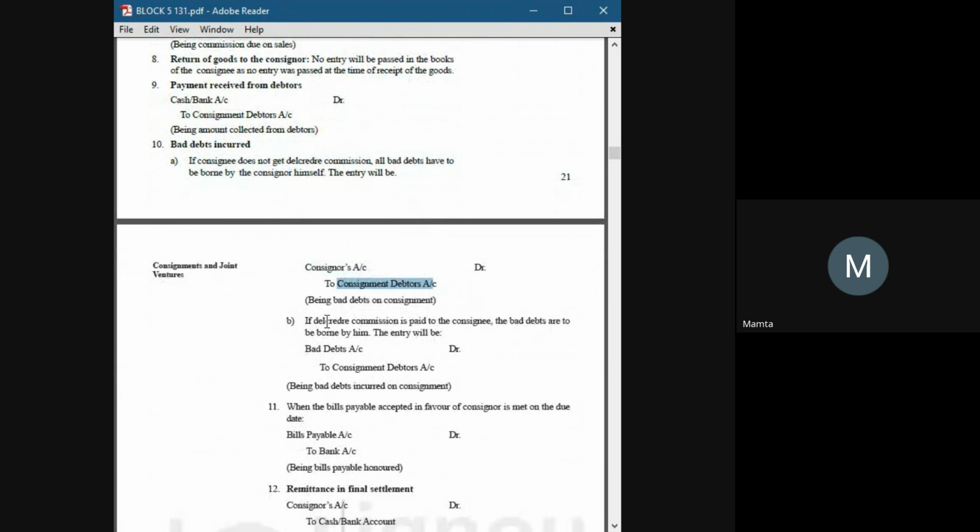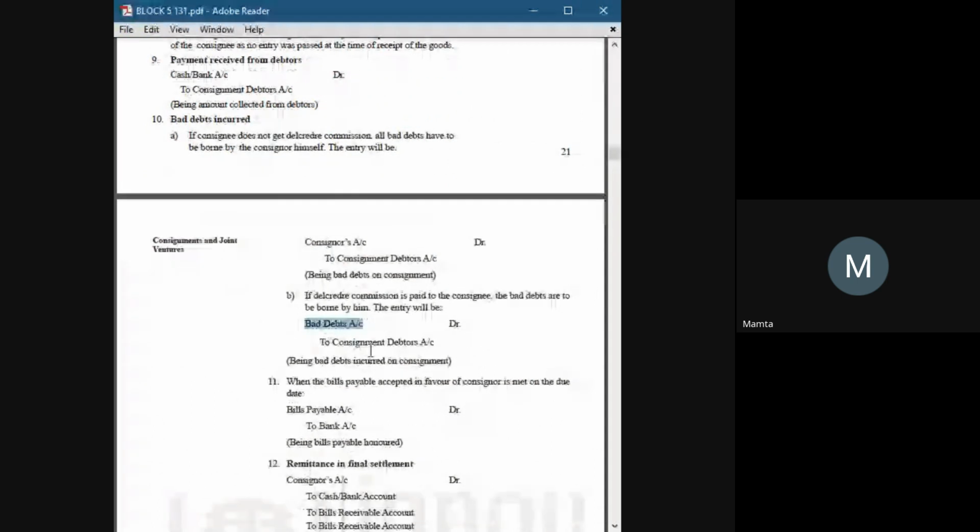If del credere commission is paid to the consignee, then the entry would be bad debts account debit to consignment debtors account.